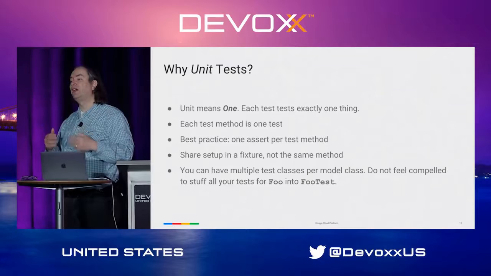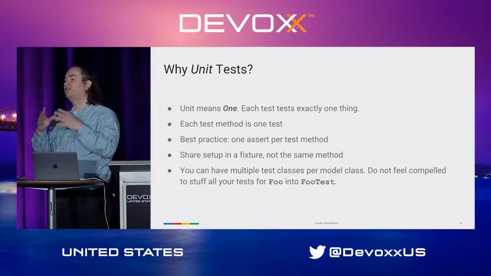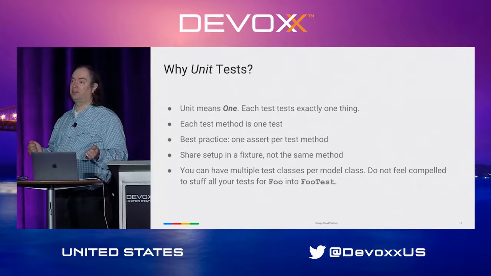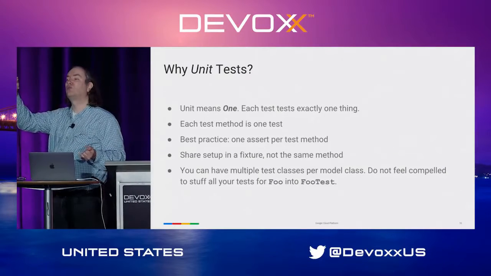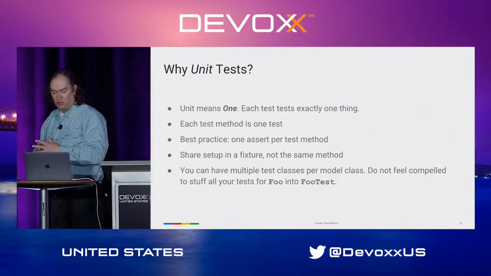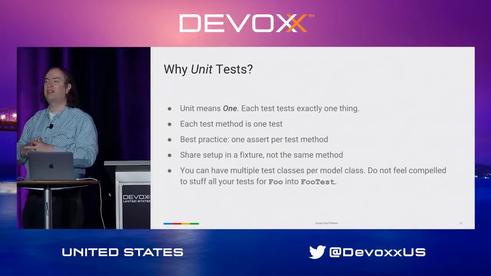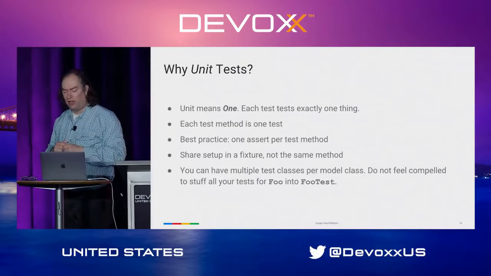And that makes debugging a little easier. It lets you see what's actually broken and see how much is broken when you run your tests, as opposed to a sequence of 10 tests where as soon as the first one fails, you get no information from the following tests. So one assert per test method. Share the setup in your setup method or your fixture, whatever that looks like in your language of choice.